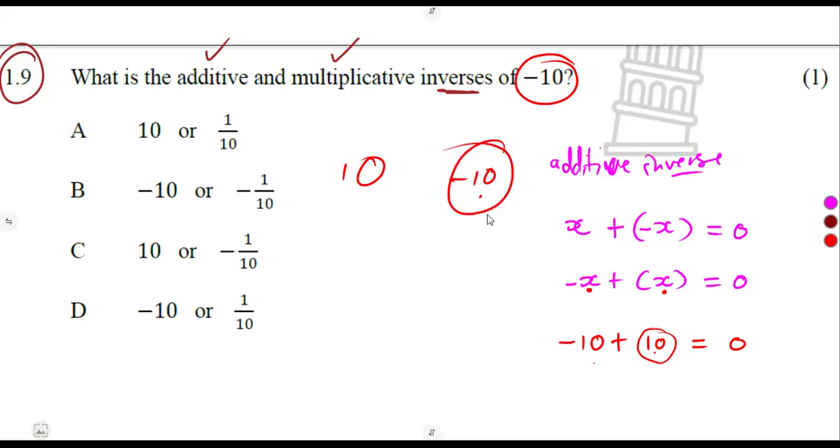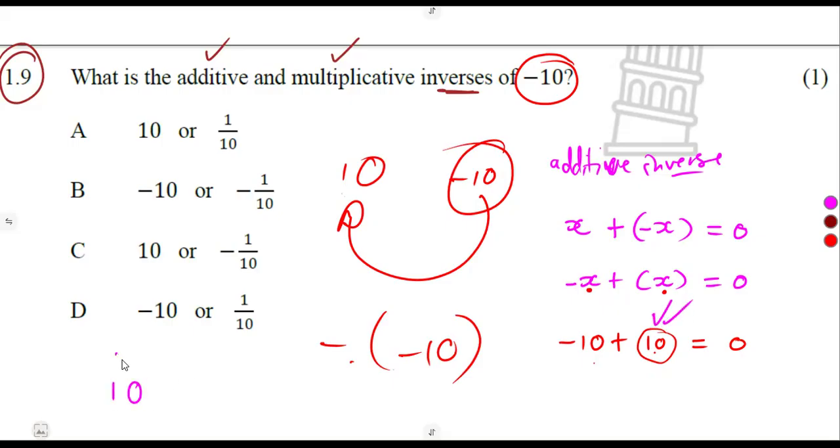So if they give you minus 10, you put a negative on minus 10 like this. You put a negative, minus is what? Becomes a positive. All right? So meaning to say, the additive inverse of minus 10 is what? A positive 10. So on the additive inverse, we have got a positive 10. All right, let's move on to another.